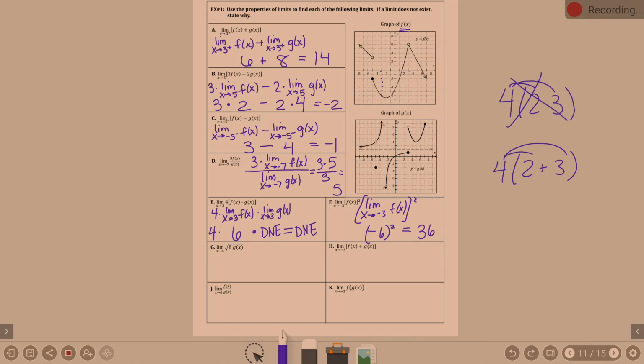So I guess square root of 8 times the limit as x approaches 4 of g of x. I know there's going to be a square root, I know there's going to be an 8. Limit as x approaches 4 on g.